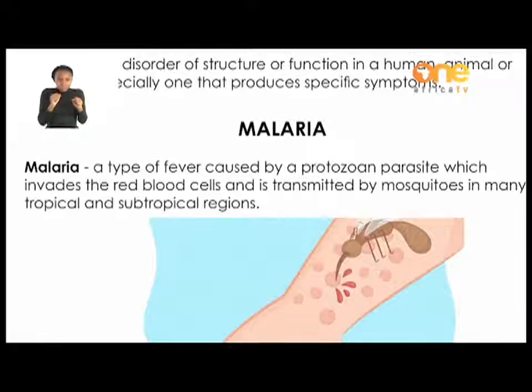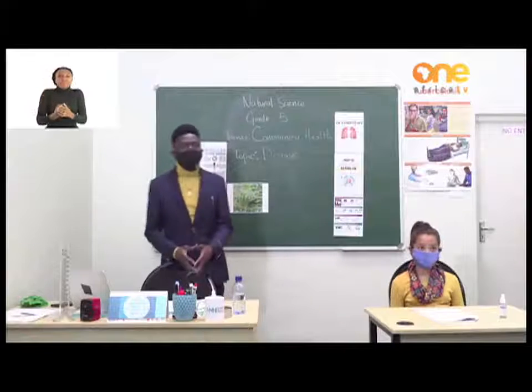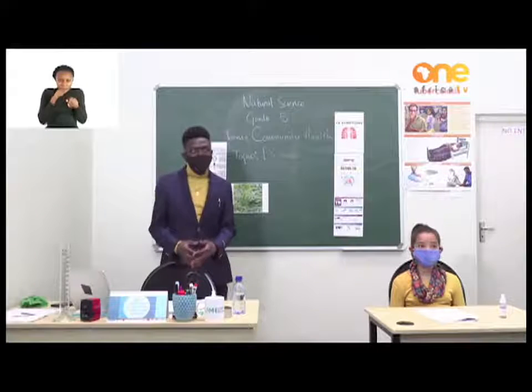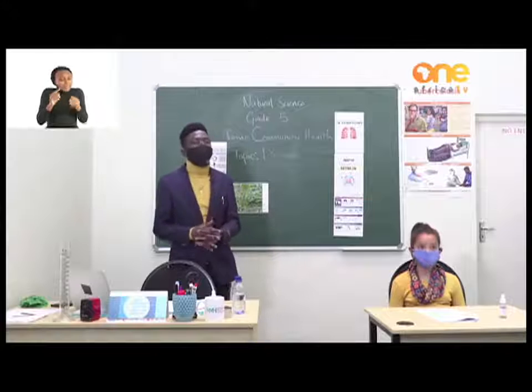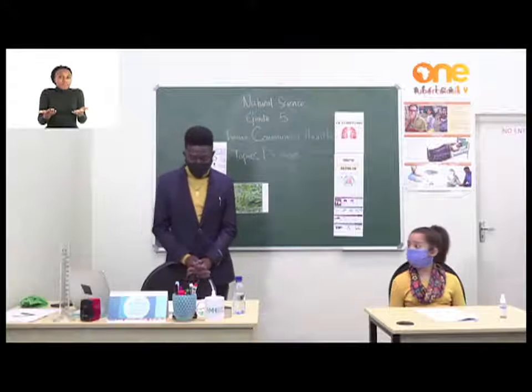What is malaria? Malaria is a type of fever caused by a protozoan parasite which invades the red blood cells and is transmitted by mosquitoes in many tropical and subtropical regions. Okay, we'll not go into detail to explain what malaria is further. We'll rather move on to the prevention measures of this disease.